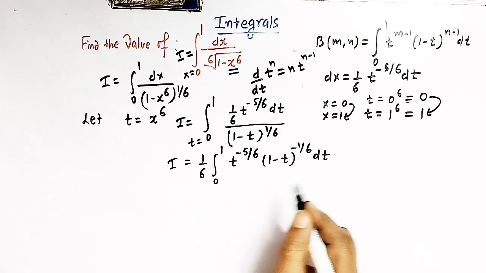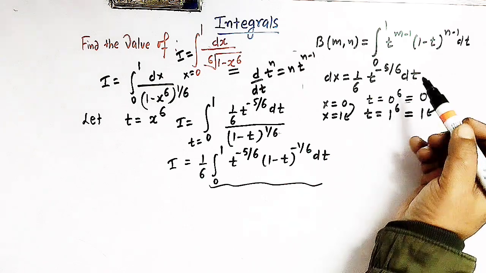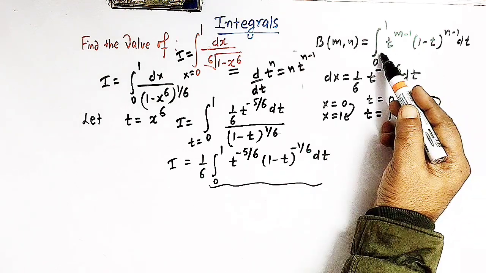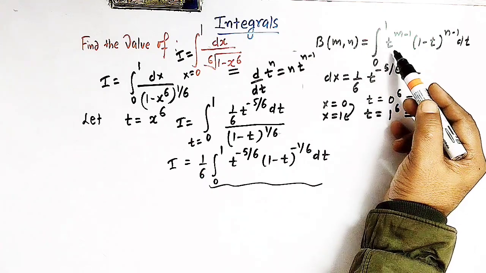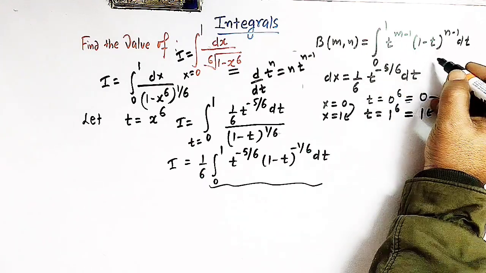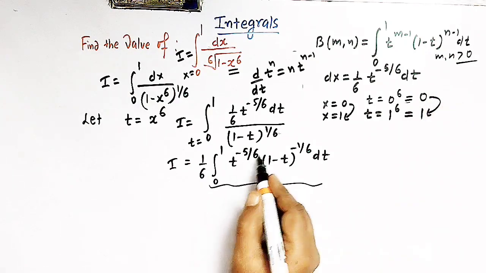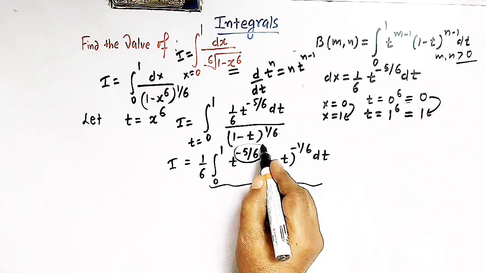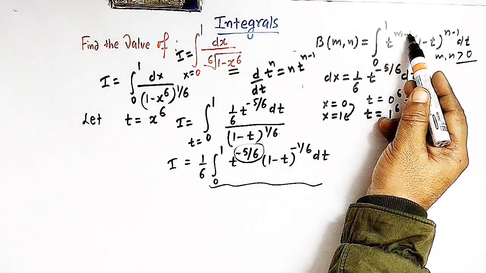So now we can easily observe that this integral is similar to the beta function, that is beta(m, n) equals the integral from 0 to 1 of t^(m-1) (1-t)^(n-1) dt, where m and n are greater than 0. Here we have t^(-5/6), and here we have t^(m-1).